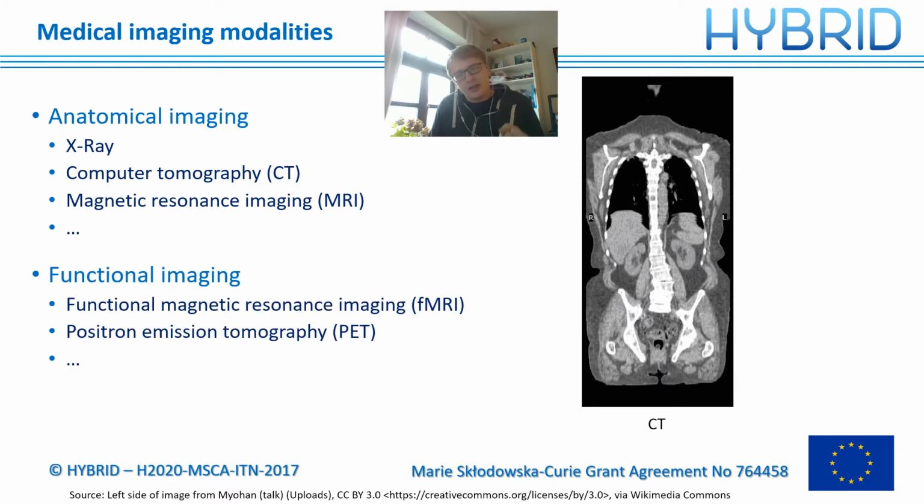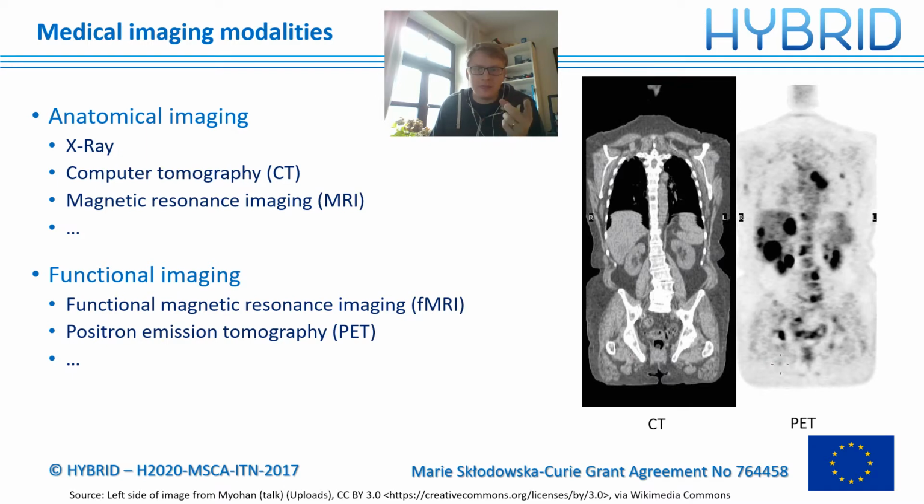However, there is also functional imaging. There is fMRI, functional MRI, but we are going to focus on positron emission tomography. For this scan here, there was also a PET scan performed. You could also overlay it, but you can see that some regions have high uptake, or black spots, in regions where you can't see any difference in the CT.